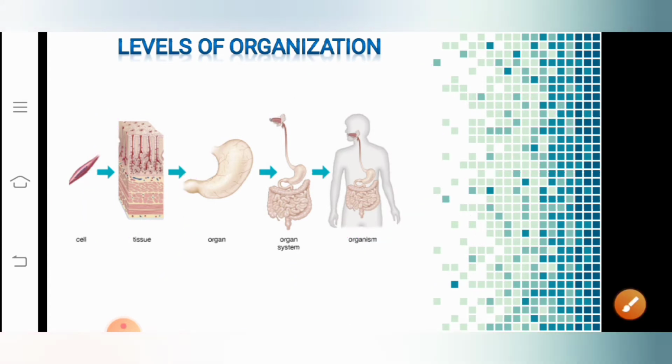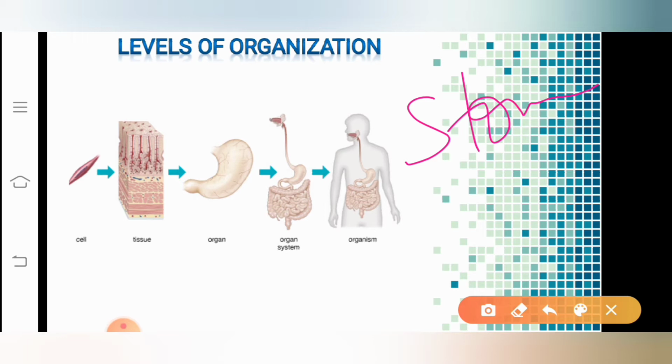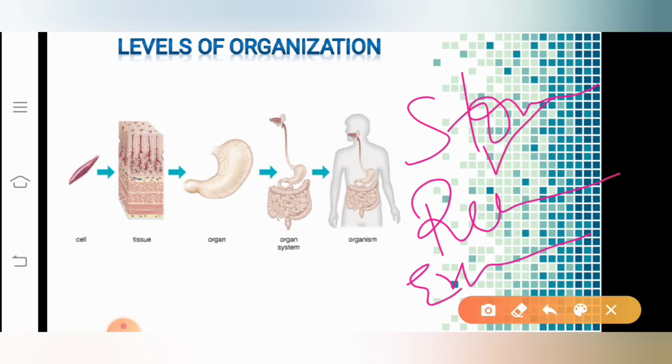It is not that the cells present in the stomach, the respiratory region, or the excretory region are going to perform the same kind of function. They all perform various sets of functions.